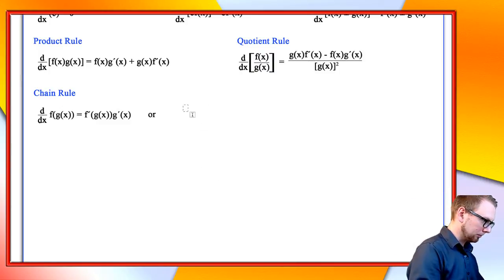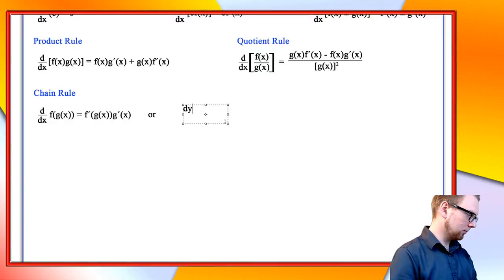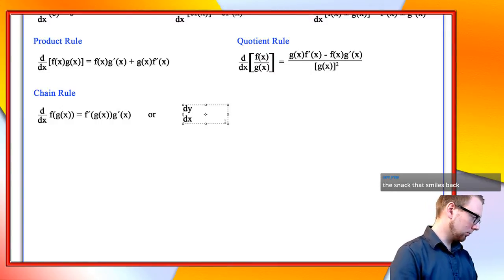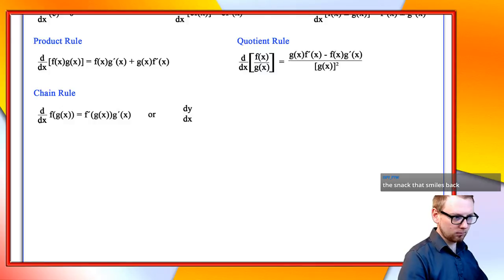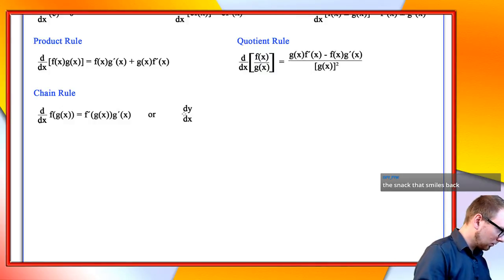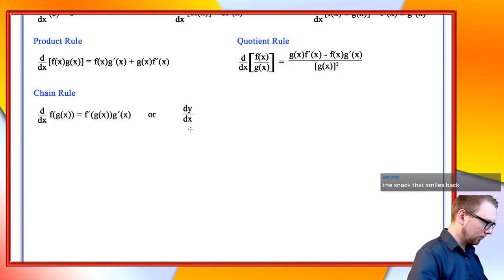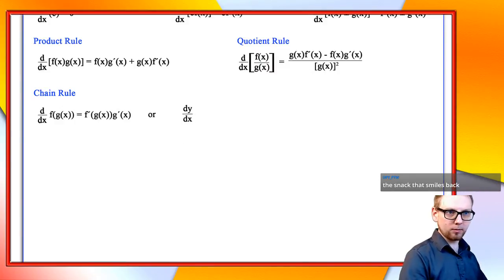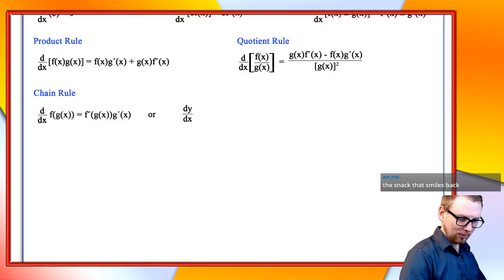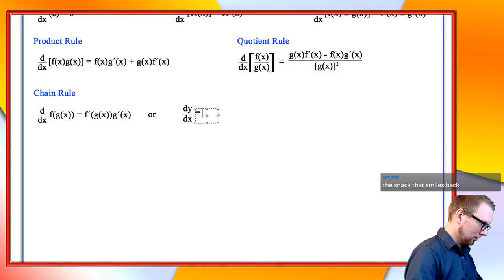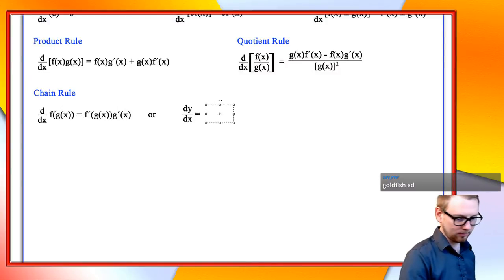Take a minute here. Why? Equals the snack that smiles back. What's the snack that smiles back? Come on.